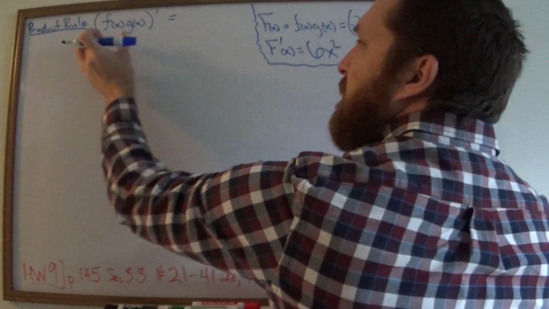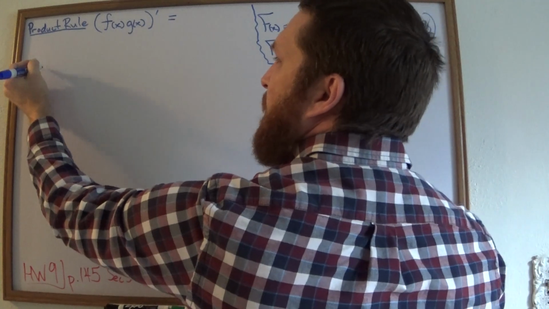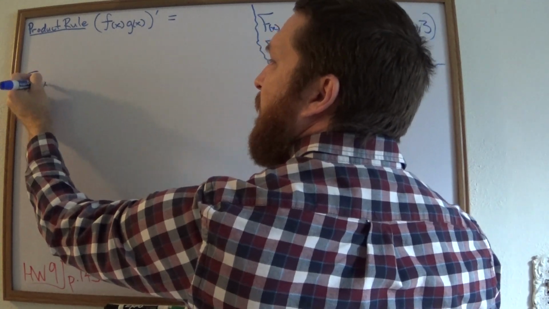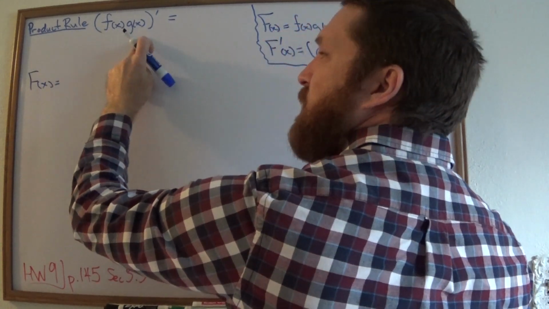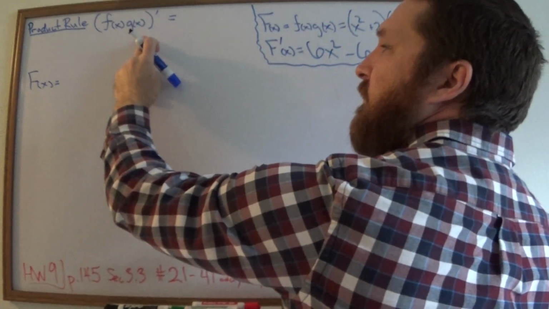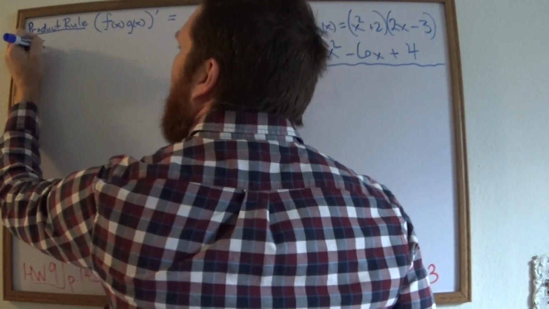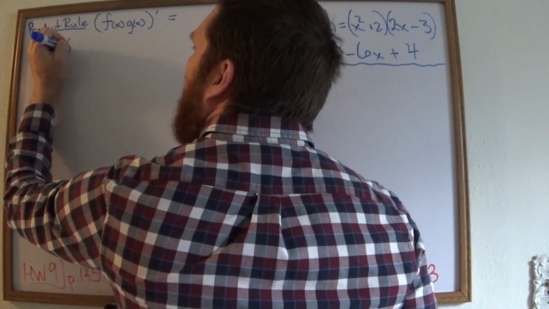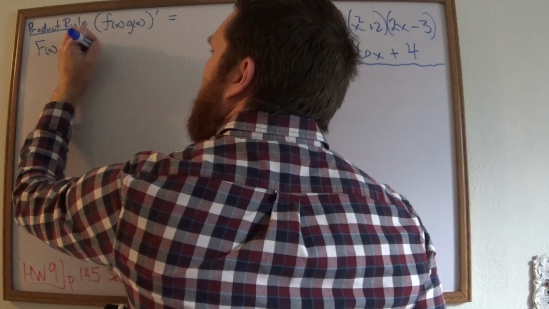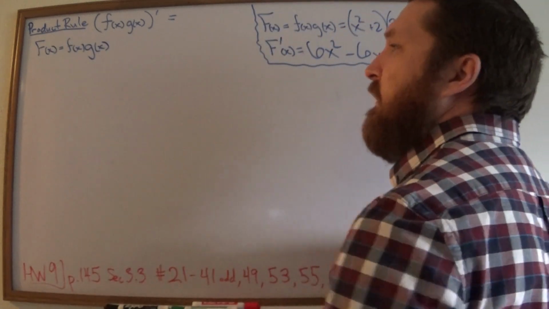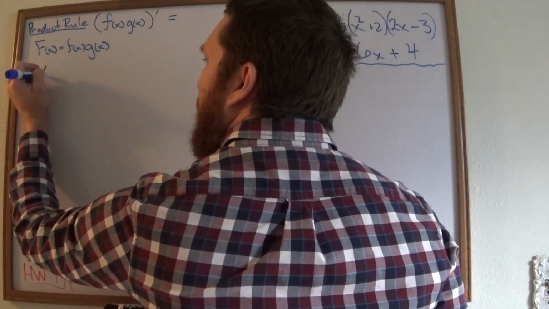Thinking about this as a function, we want this prime. We'll just call F equal to f times g. Everybody with me on that? From here on out, I'll just go ahead and do it. Let's call big capital F the product of two functions, f of x times g of x. And we want to know what is F prime of x.